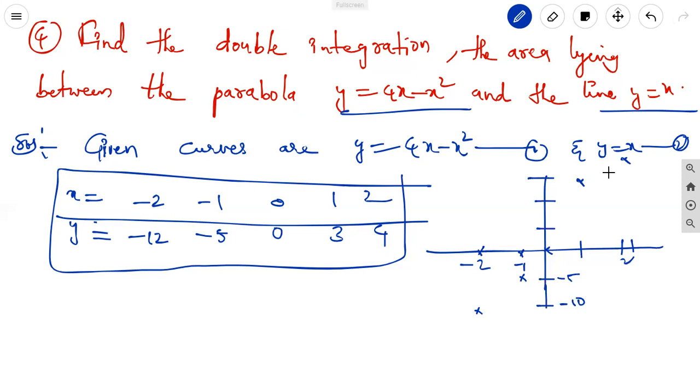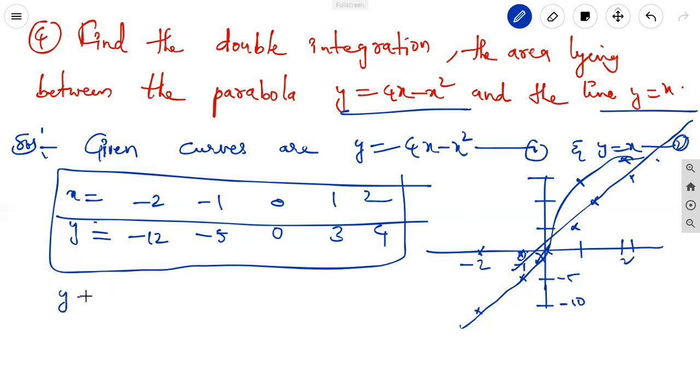Like this, and y equal to x means for 0 equal to 0, for 1 equal to 1, for 2 equal to 2, for 3 equal to 3, like that. We get the curve equation.